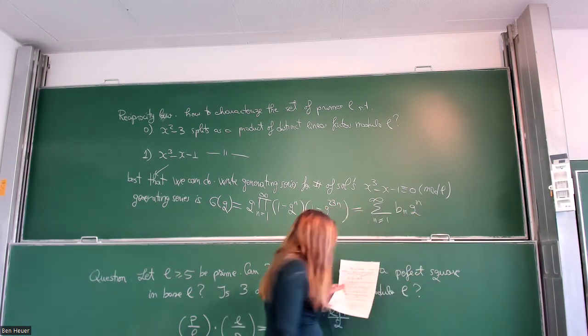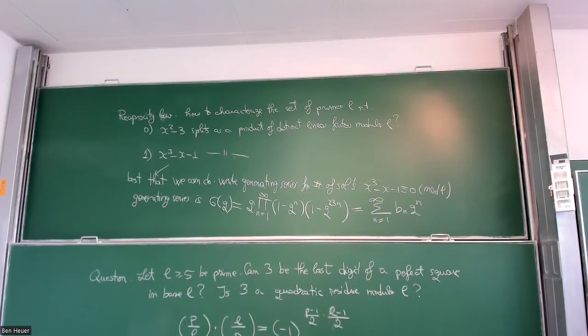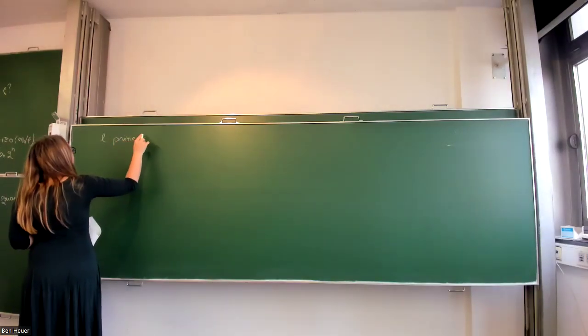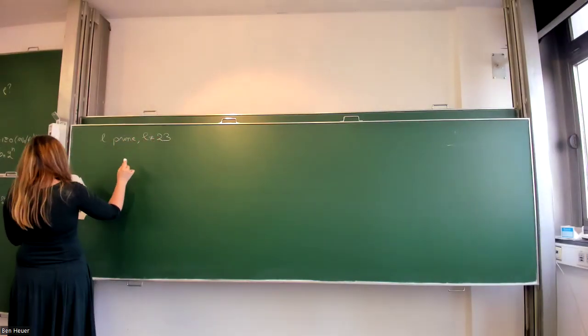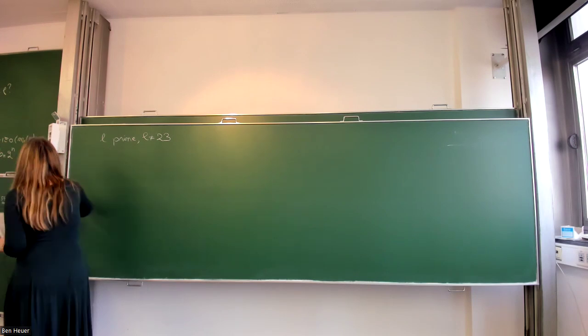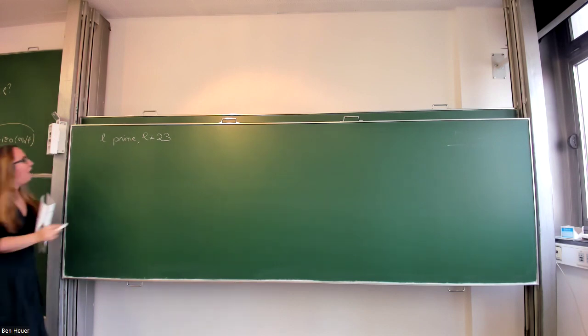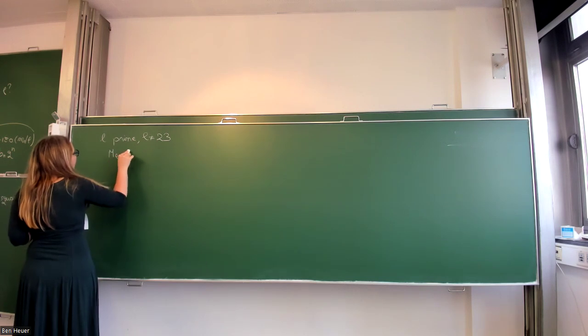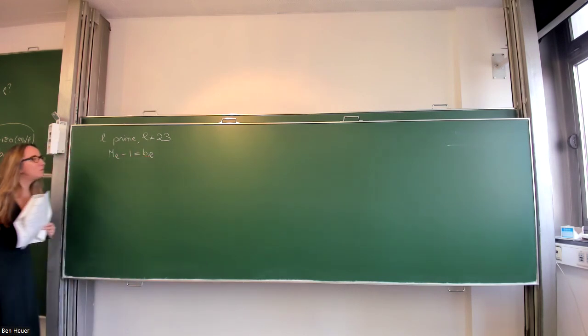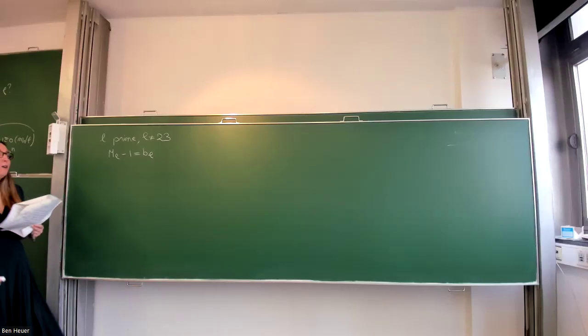But so I claim that if you just expand out this infinite product, you get a power series in Q, and the coefficients of this power series at prime numbers. So if I look at Q to the L, that coefficient is going to tell me about the number of solutions to this congruence. So I'm going to write this as a sum from 1 to infinity, Bn Q to the n. And then I claim that the reciprocity law in this case is that if L is prime and different from 23, then the number of solutions, let's say ML, then ML minus 1 is BL. And so the coefficient plus 1 will tell you the number of solutions.